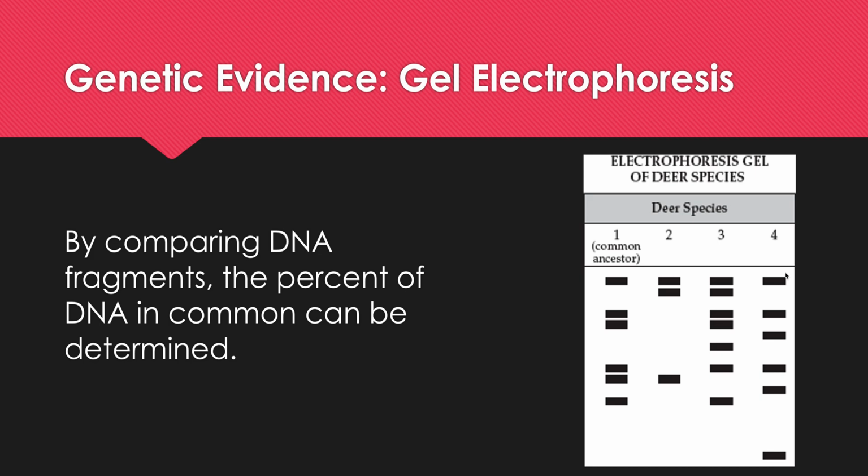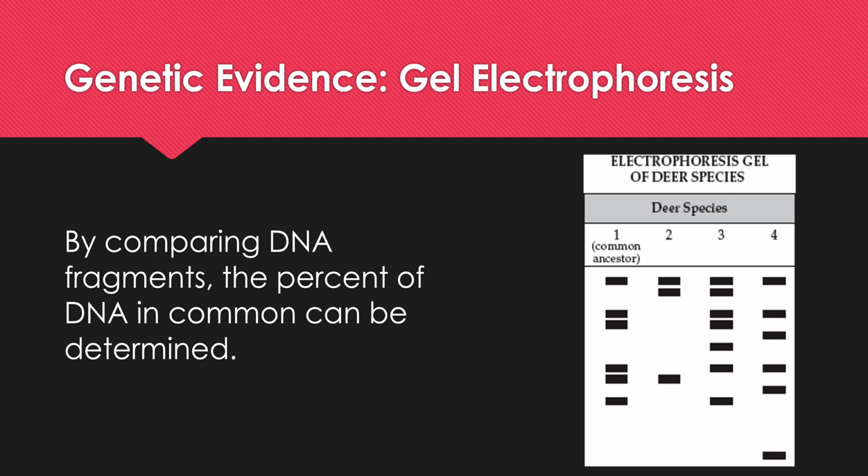So even though 2 and 4 have some DNA in common, number 3 has the most DNA in common. So they're going to be most related to the common ancestor, right? They have most of their DNA in common with them.